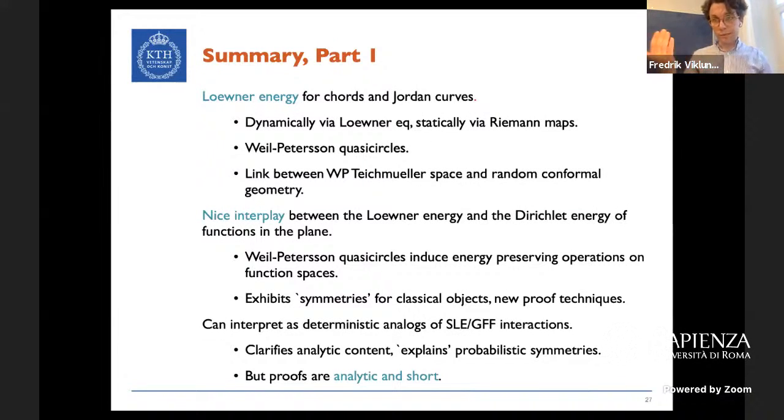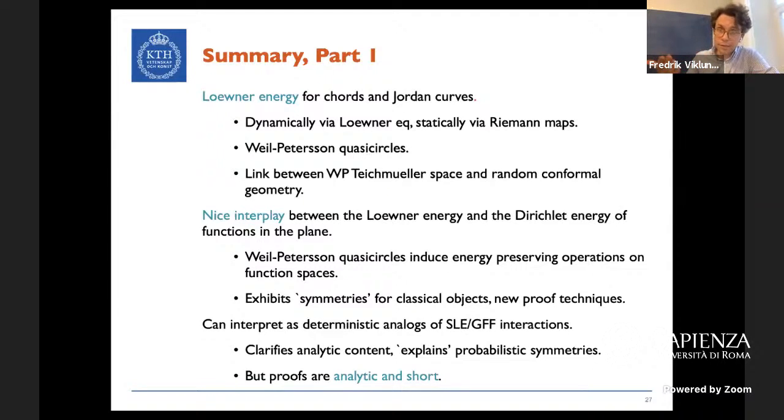And then there was this link established by Yilin that links this Löwner energy to Weil-Petersson quasicircles. And so we have this interesting connection between two worlds that previously didn't speak so much to each other, and one can try to go back and forth to learn new things.